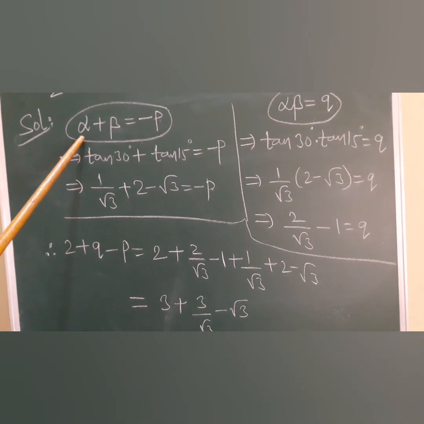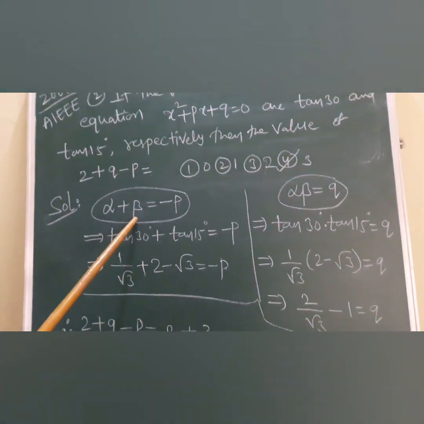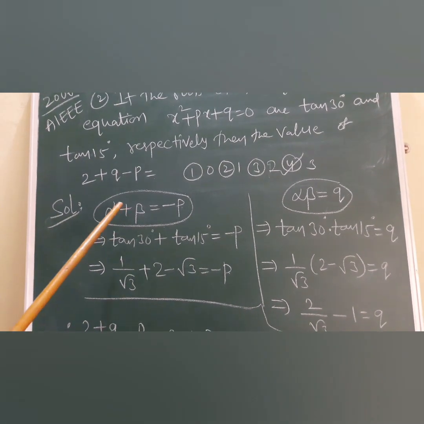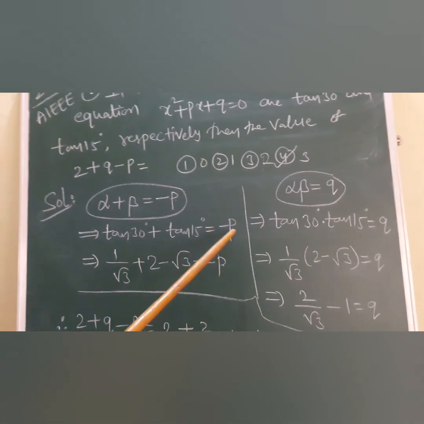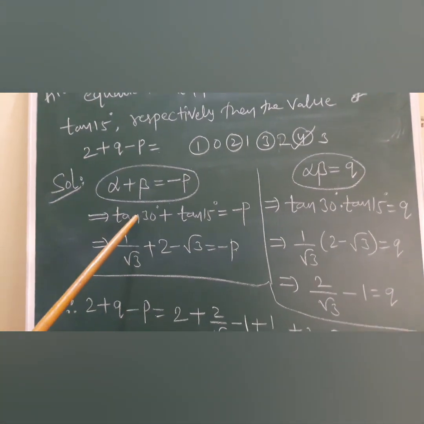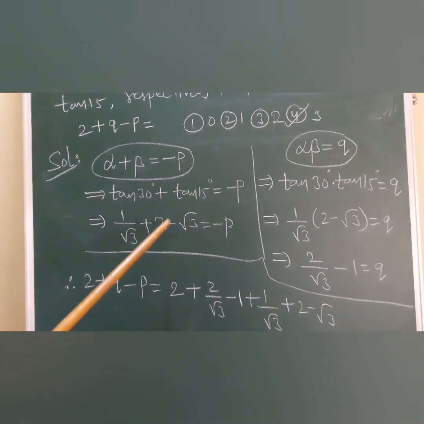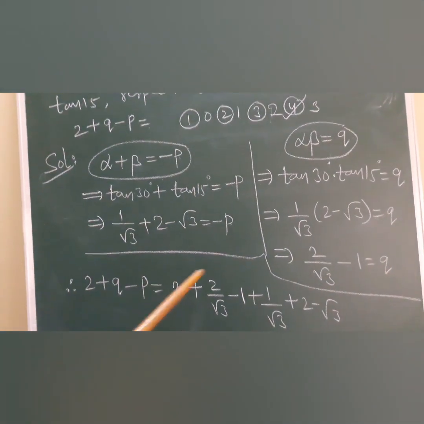Alpha is equal to tan 30 degrees given, beta is equal to tan 15 degrees given. So tan 30 degrees plus tan 15 degrees is equal to minus p. Tan 30 means 1 by root 3, tan 15 means 2 minus root 3, is equal to minus p.